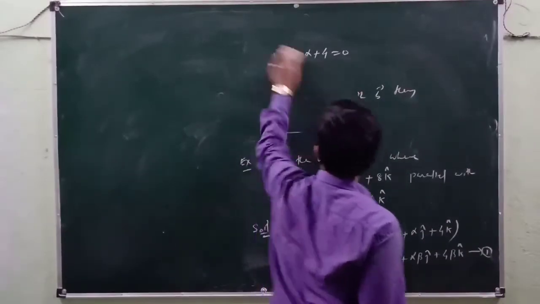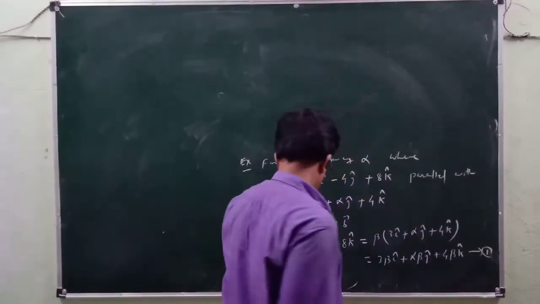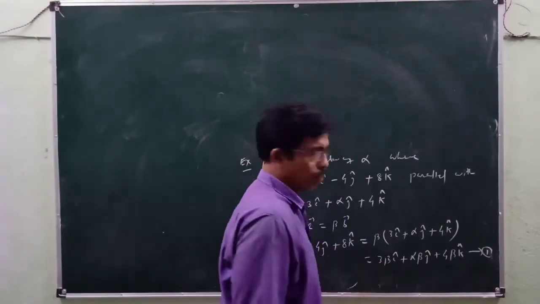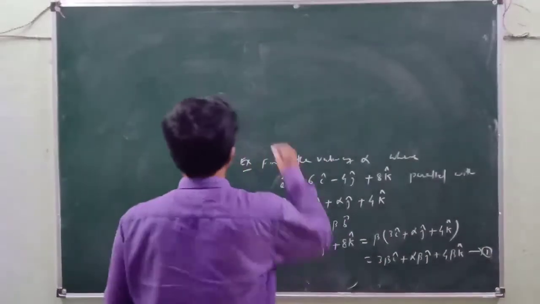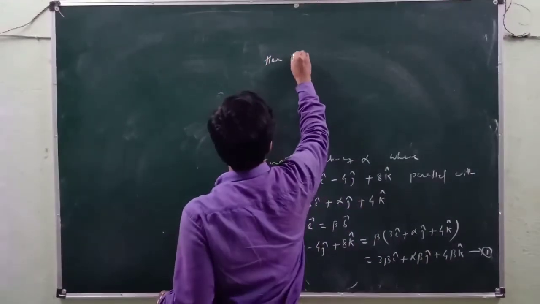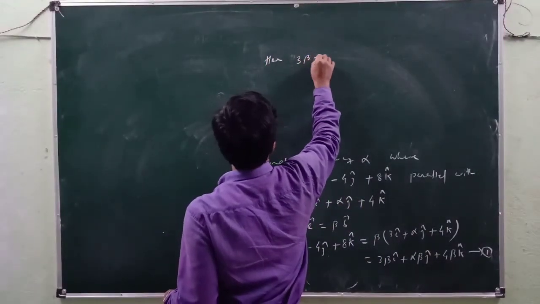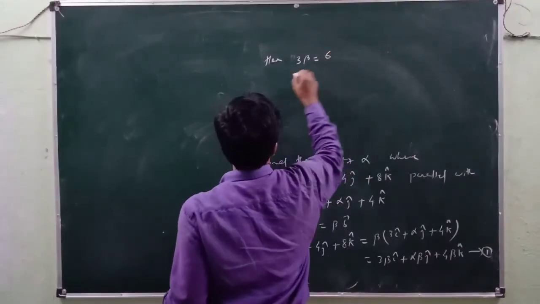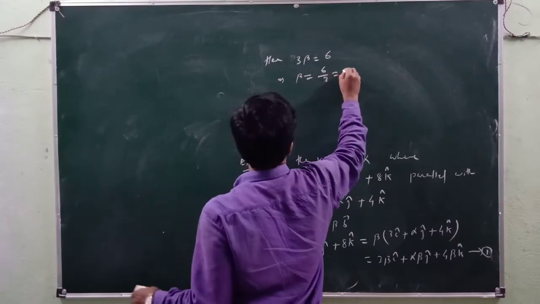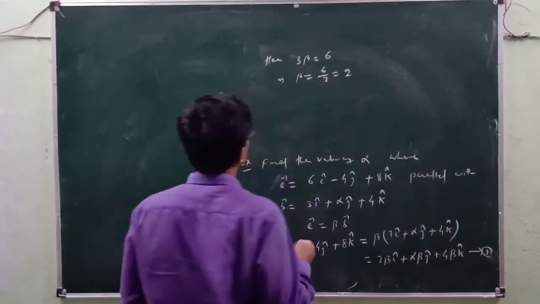Now look, since these two vectors are equal, the coefficient of I and the coefficient of j are both equal. So here you must get 3 beta equals 6. That implies the value of beta will be 6 by 3, that is equal to 2.